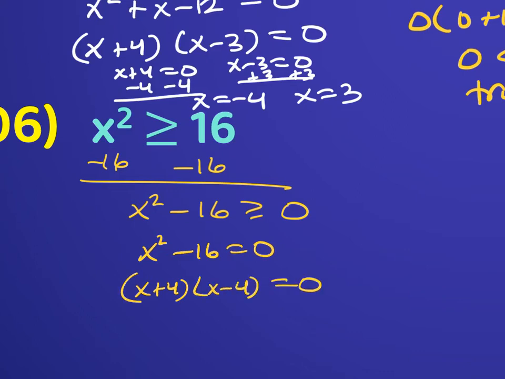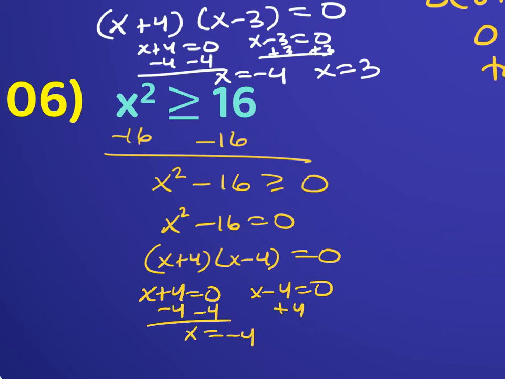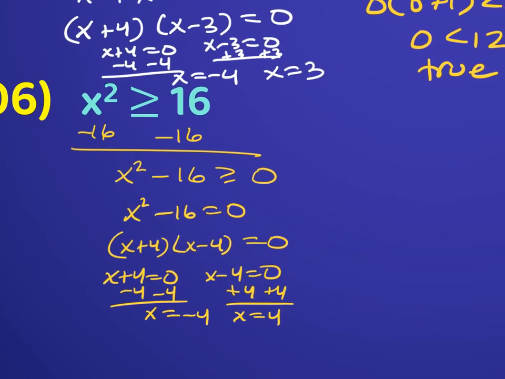Set each of the factors equal to 0. Subtract 4, x equals negative 4. Add 4, x equals positive 4. Add those two numbers to the number line so we can get our breaking points.